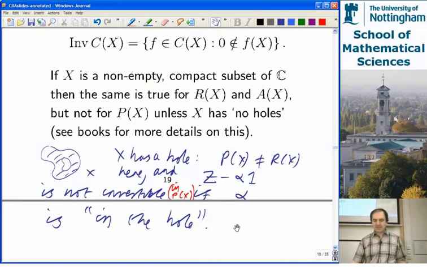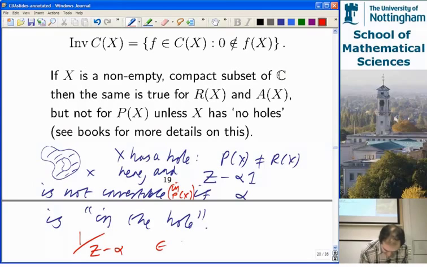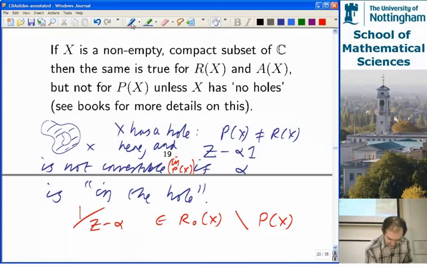So as long as alpha is not in X, you can do 1 over Z minus alpha in R of X. It's in R naught of X, but it's not in P of X. For such alpha, let's put an alpha in there. Anyway, so that's some discussion of invertible elements.